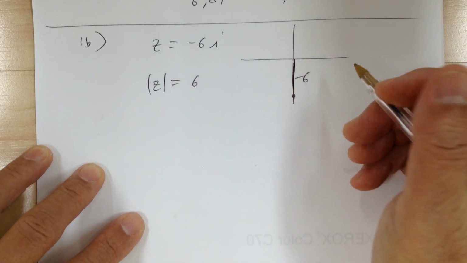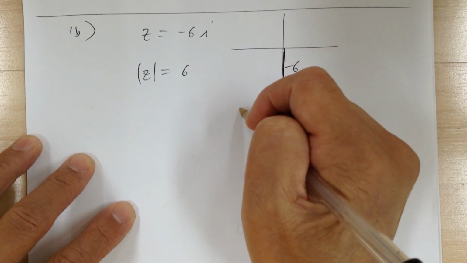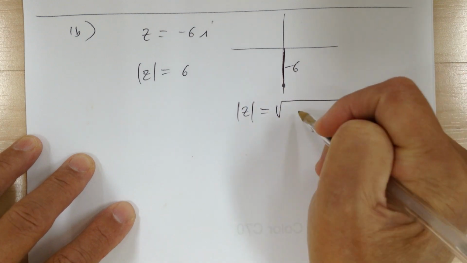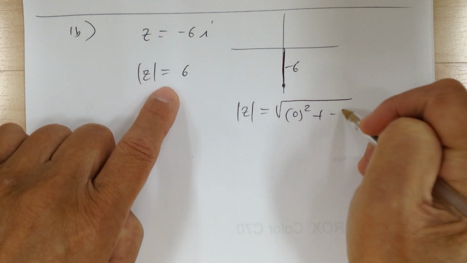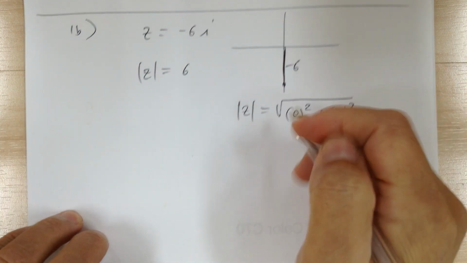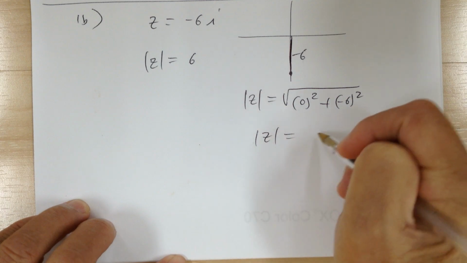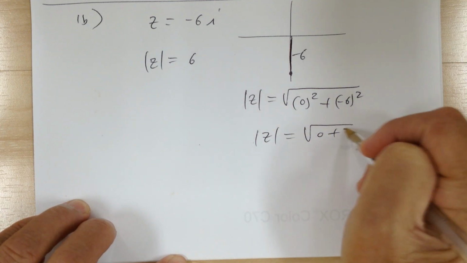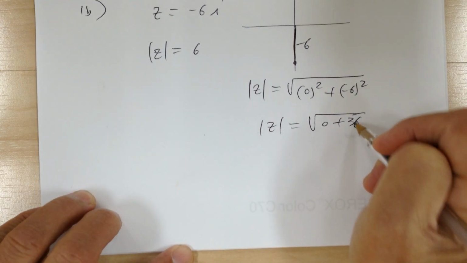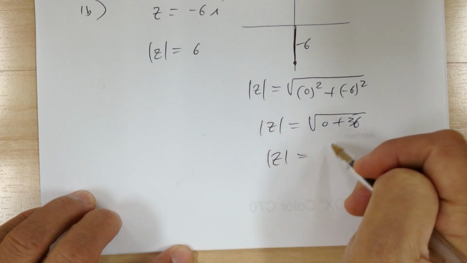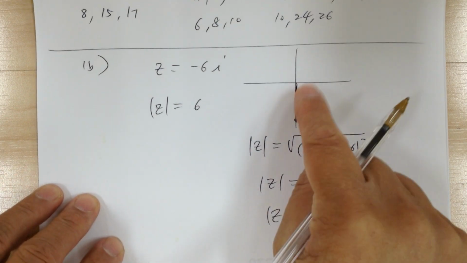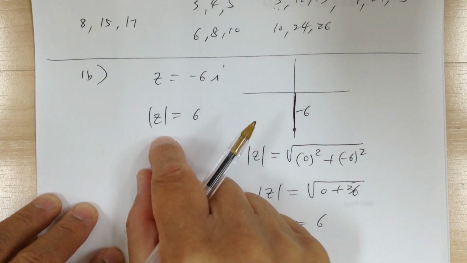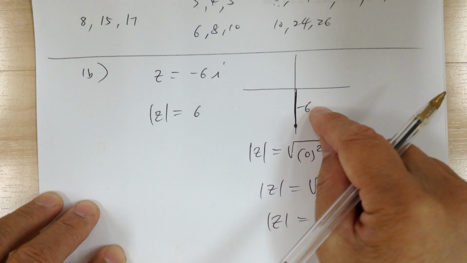If you do the Pythagorean theorem, you have the absolute value of z equal to the square root of 0 squared, that's your real number, plus negative 6 squared. You work it out, the square root of 0 plus 36, and you get the absolute value of z equal to 6. You get the same answer. But if you understand that the absolute value means the length of the hypotenuse, you can sketch it out and bypass all these.